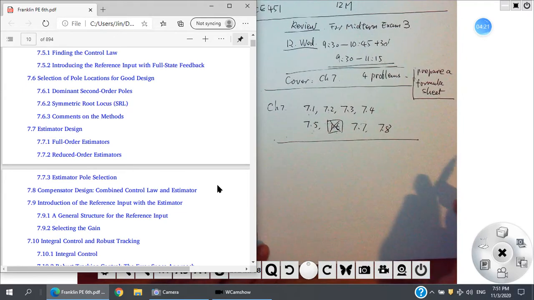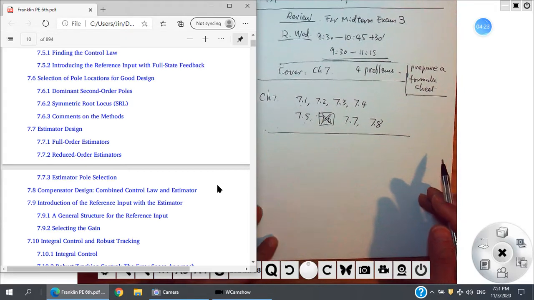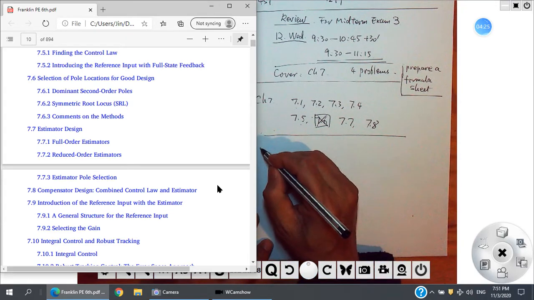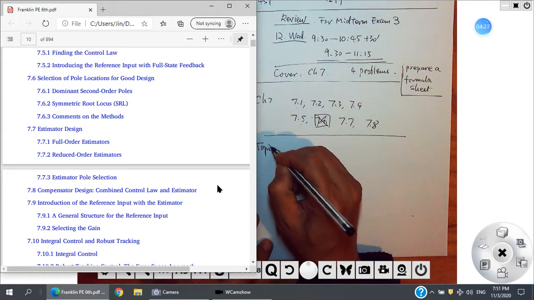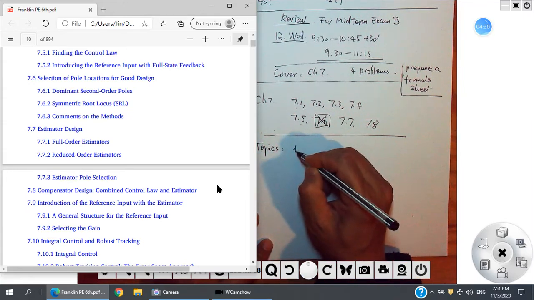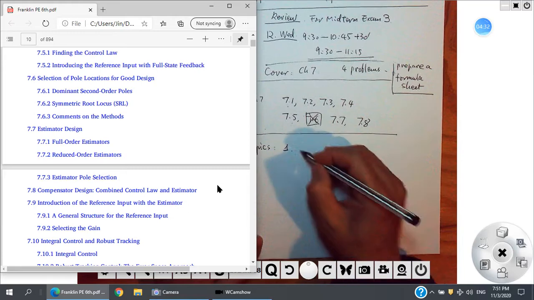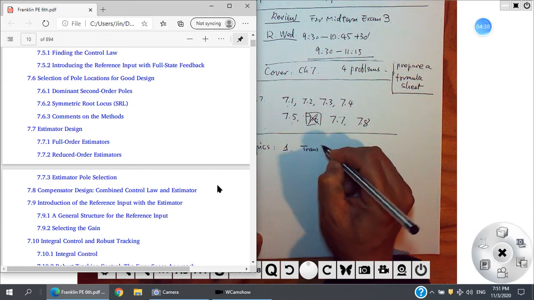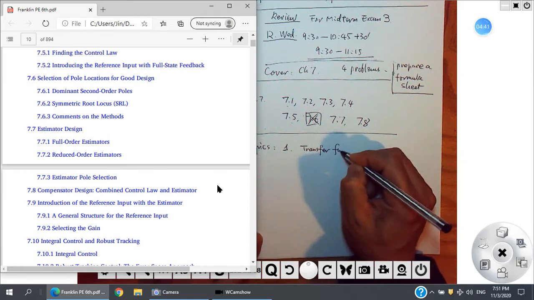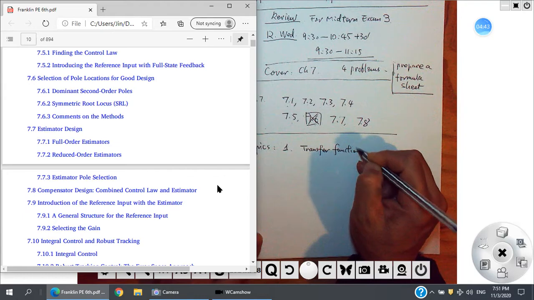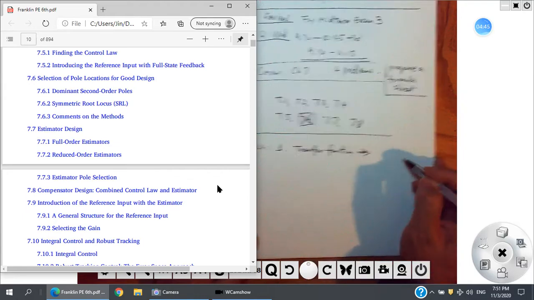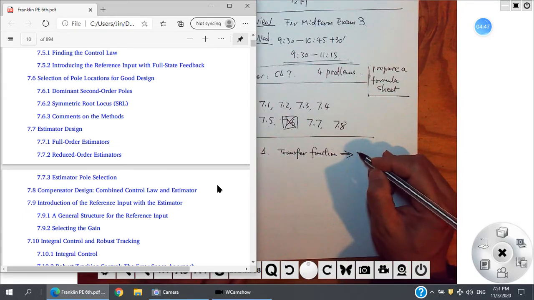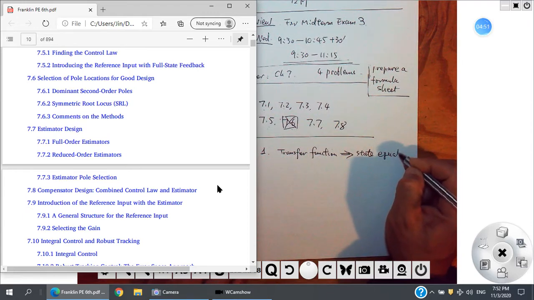Then we go over the topics we have learned. The first one: we can start from an equation or a transfer function. We start from a transfer function. Then we can have the state equation in matrix form.